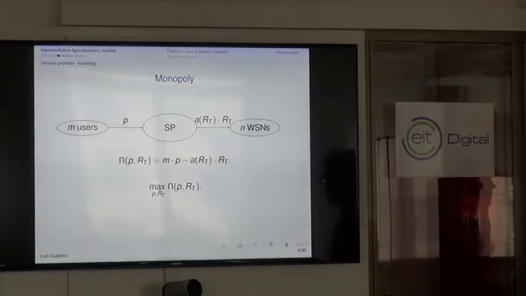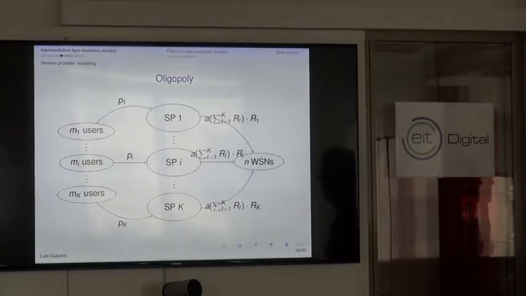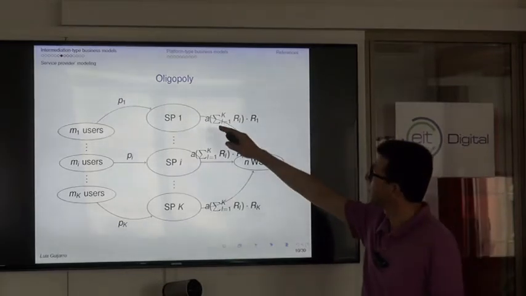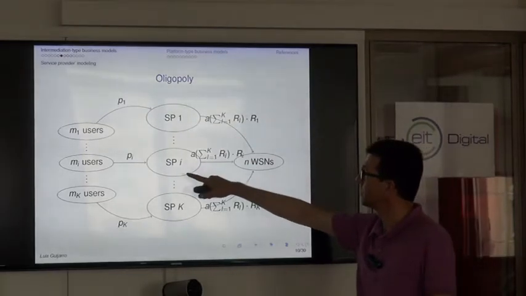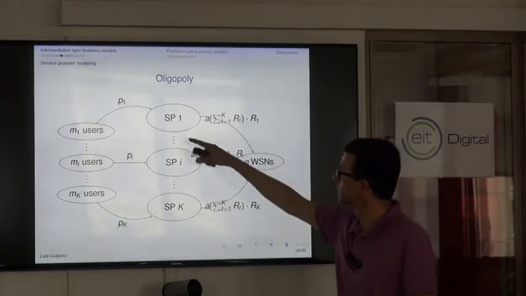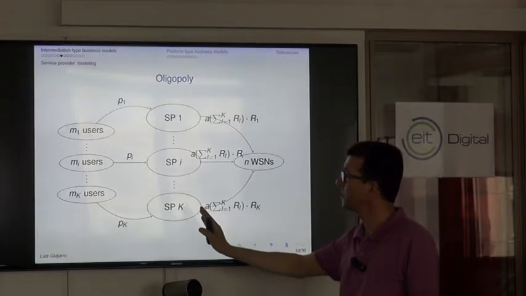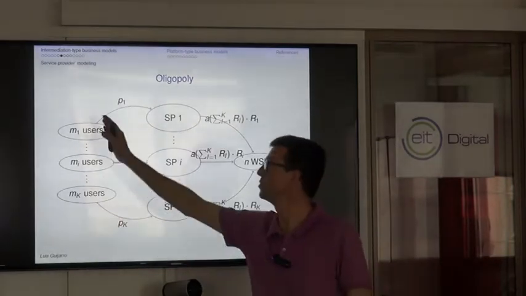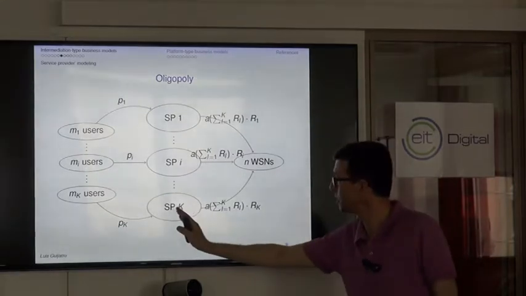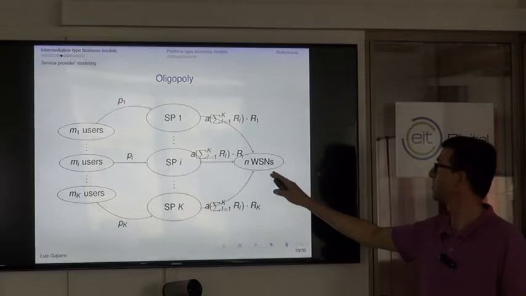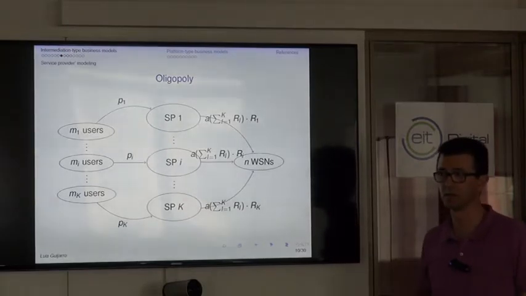There are more interesting scenarios, which are the following. That is, a scenario where there is more than one SP. Those SPs will be competing not only in providing service to the users, but also in getting sensing data rate from the sensor networks.